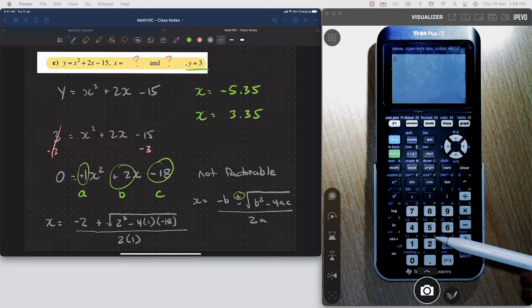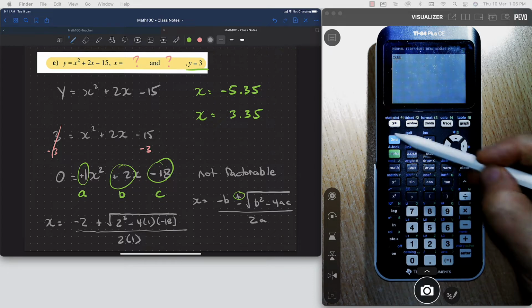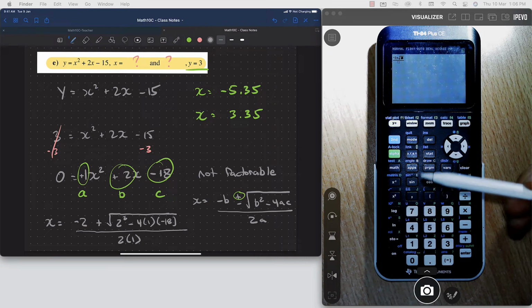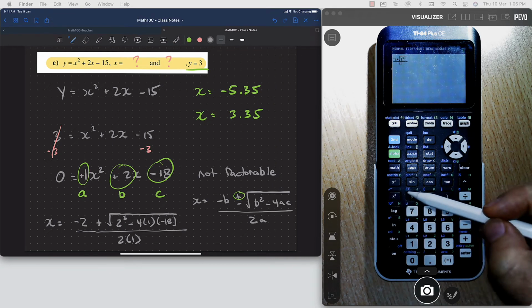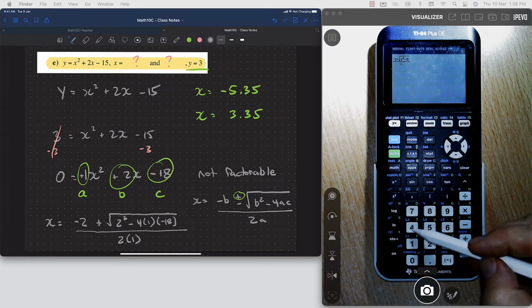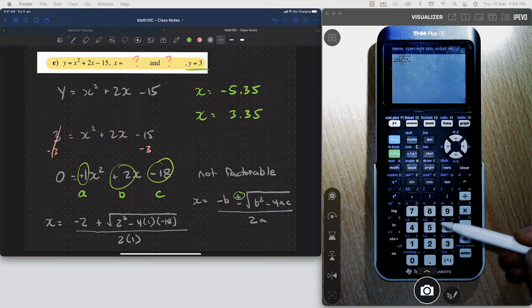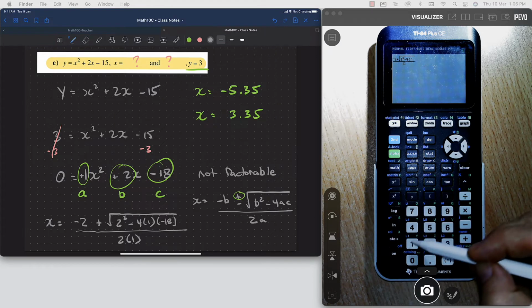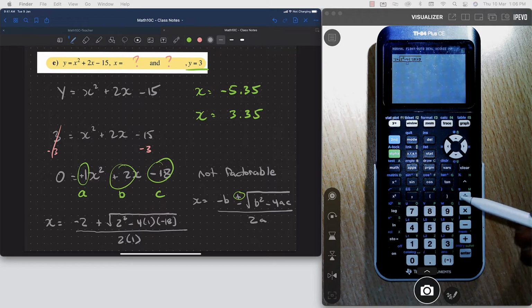So I've got my numerator and denominator, and up top I'm going to go negative 2, and in this case I'm going plus, and now it's going to be the second square root of 2 squared minus 4. I don't need to put in times 1, but I will put times negative 18. And now I need to jump down to the denominator, so I just hit the arrow down, and it's 2 times 1, which is just 2, and hit enter, and you can see that we get 3.35.